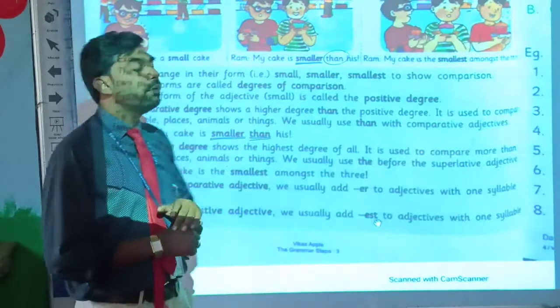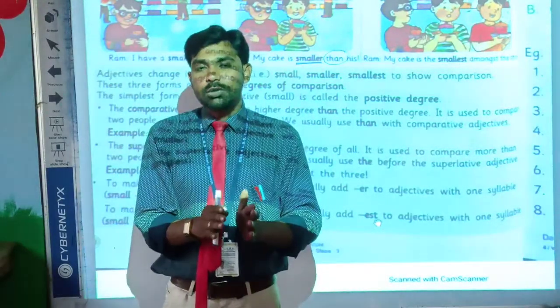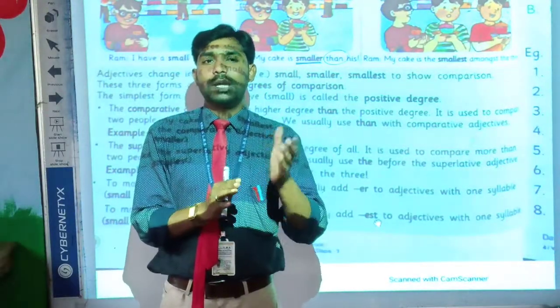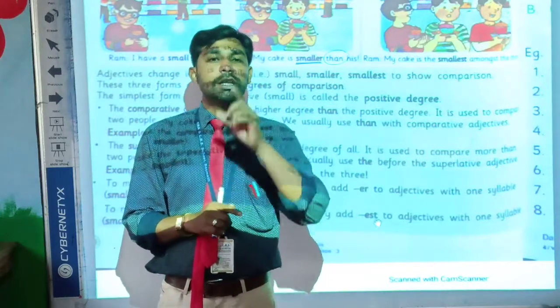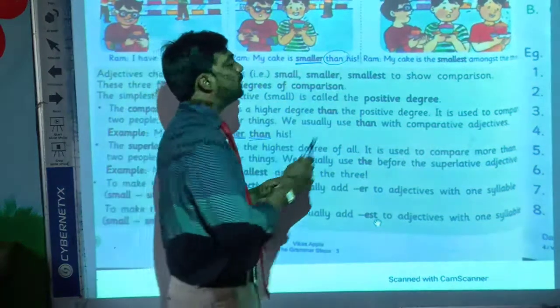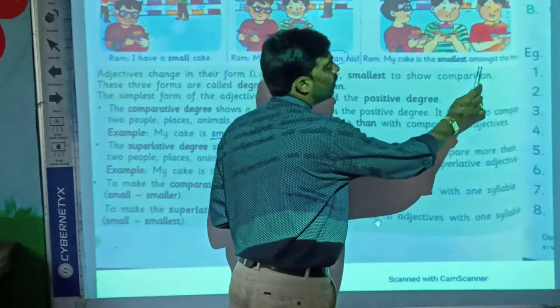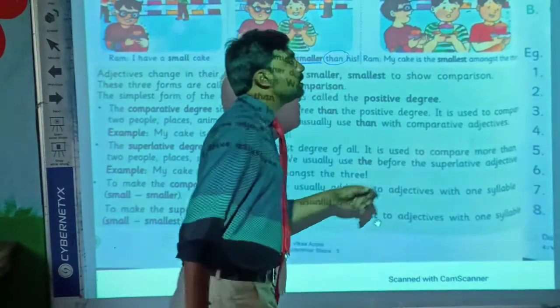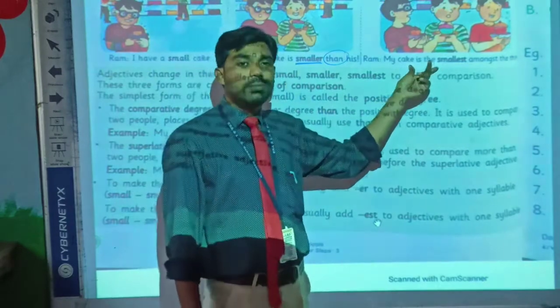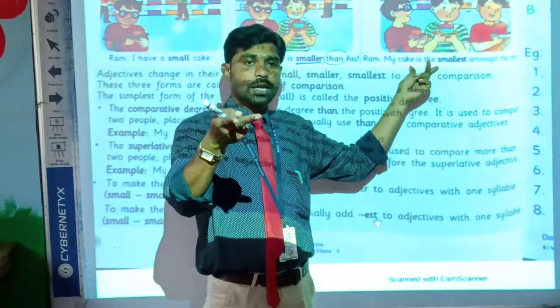Example: My cake is the smallest amongst the three. Here the comparison is between more than two cakes, three cakes.